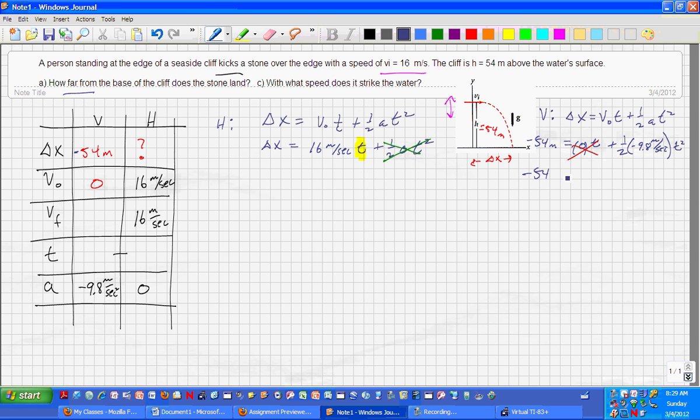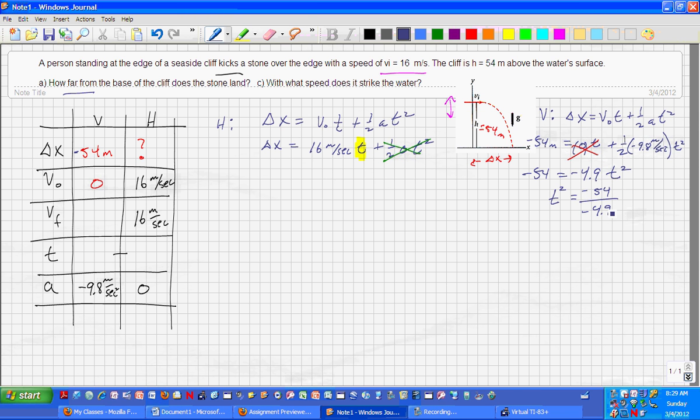So I get negative 54 is equal to negative 4.9 t squared. That negative 4.9 is 1/2 times 9.8. So t squared is going to be equal to negative 54 divided by negative 4.9.